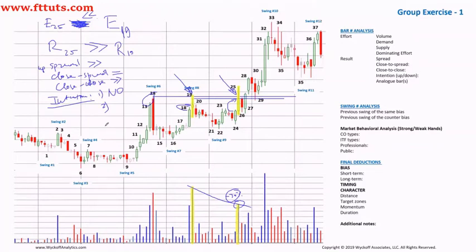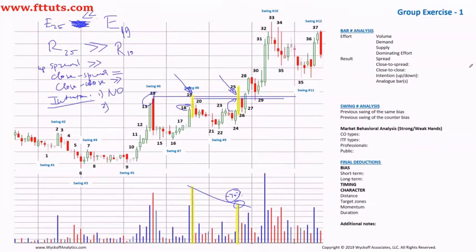Is it closer to the success of fulfilling this intention on bar number 25 than on bar number 19? Yes, it's closing right at the resistance line.